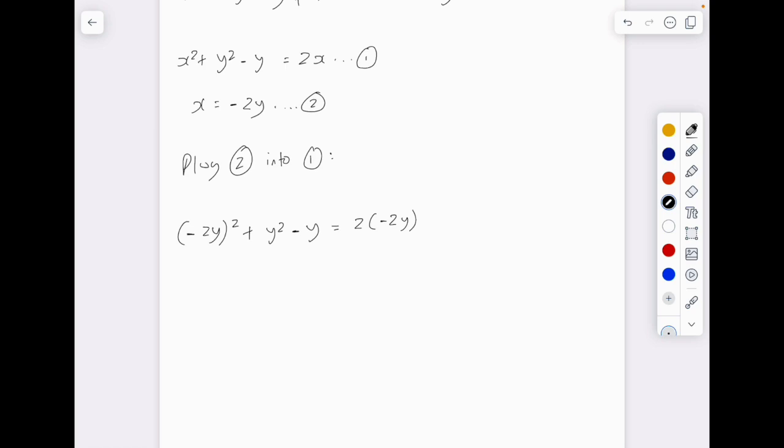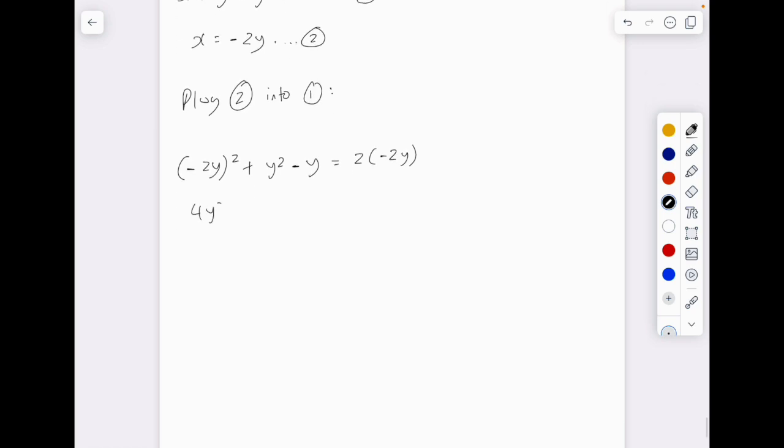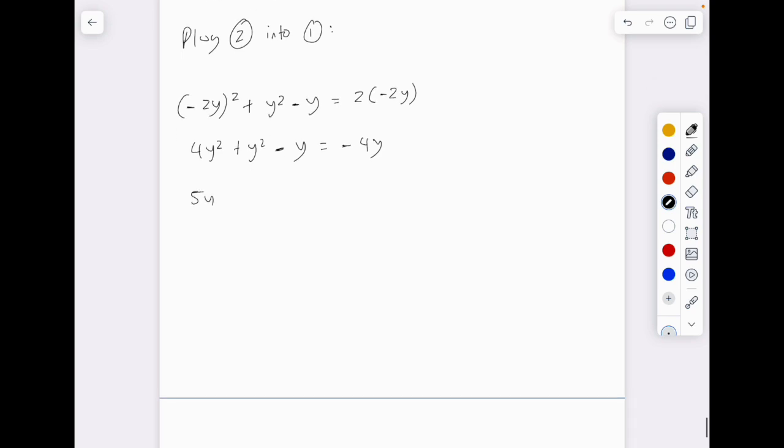Alright, so what we get is 4y squared plus y squared minus y, plus 4y. Brilliant. So 5y squared, and boom, boom, boom, that's going to be plus 3y. It's going to equal 0.